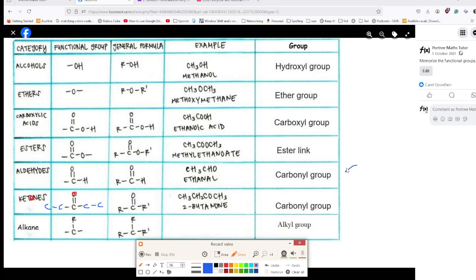So this one would be more like that, where the oxygen gets stuck on at the end of the chain. So there's an O in the middle of ketone, which is a good memory trick for that.